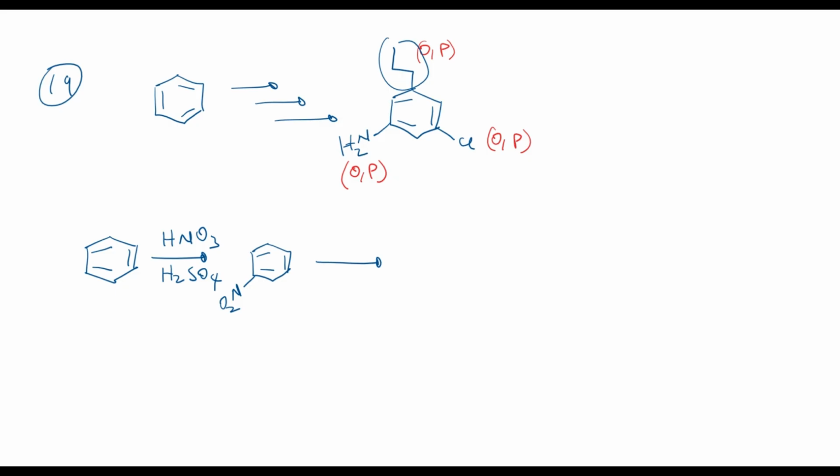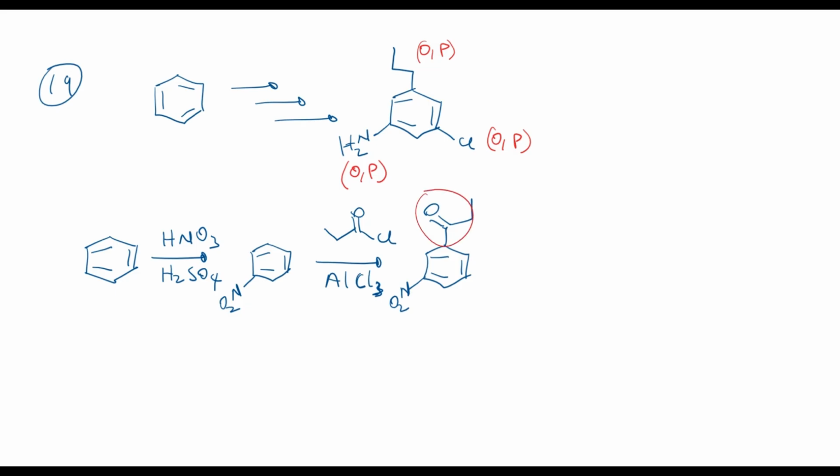To do that, I can do Friedel-Crafts acylation using this reagent and this catalyst. The product from here will be such that the acyl group will be attached at the meta position from the nitro group.